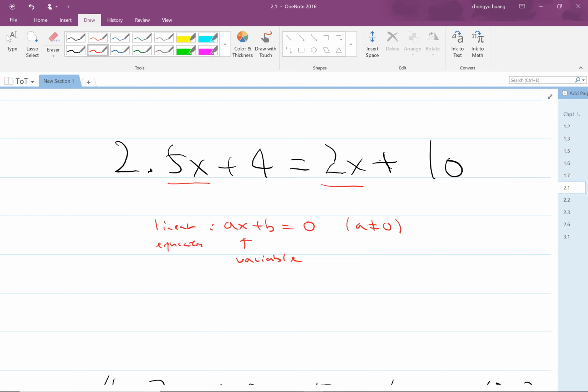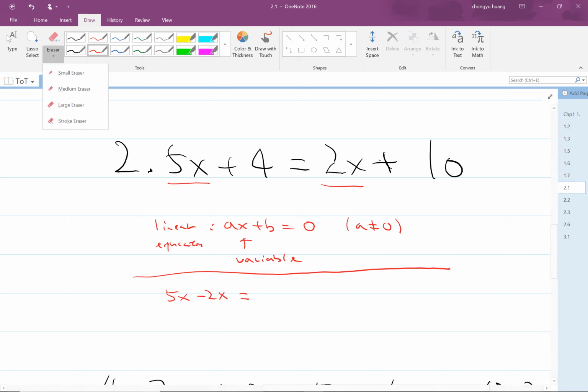So how are we going to solve it? Let me write it down below. You can see 5x plus 4 equal to 2x plus 10. We have to move the 2x, so it becomes 5x minus 2x, and plus 4 equal to 10.